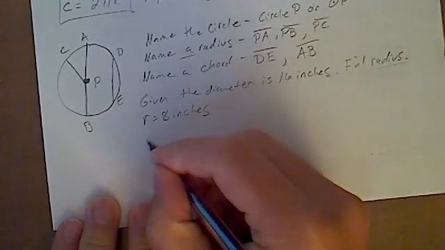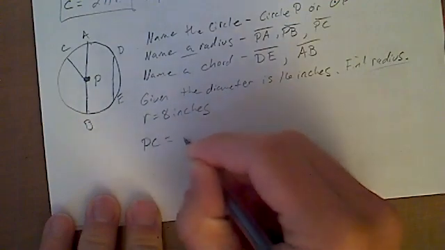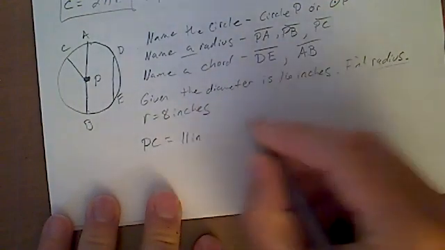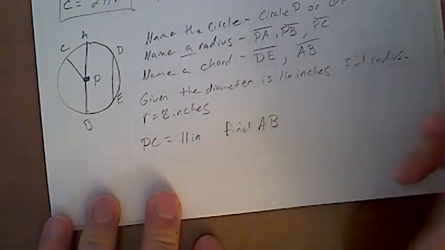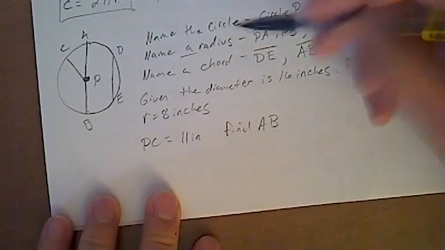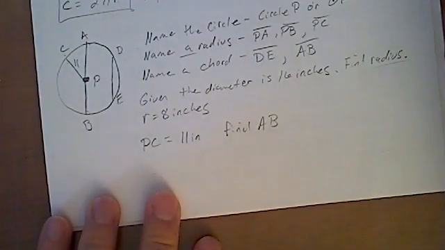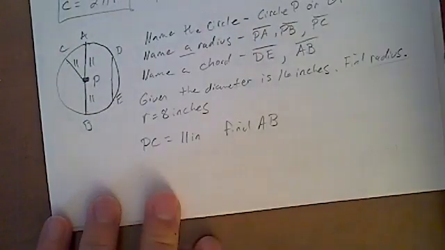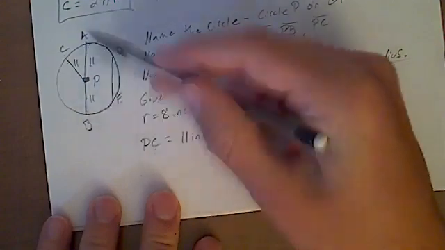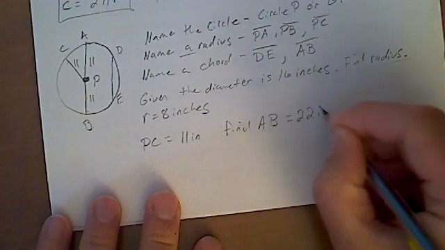What if I gave you PC is 11 inches, find the length of AB? Well, PC is 11 inches. That's a radius of the circle. AP is also a radius. PB is also a radius. And then AB is a diameter. So AB must be 22 inches.